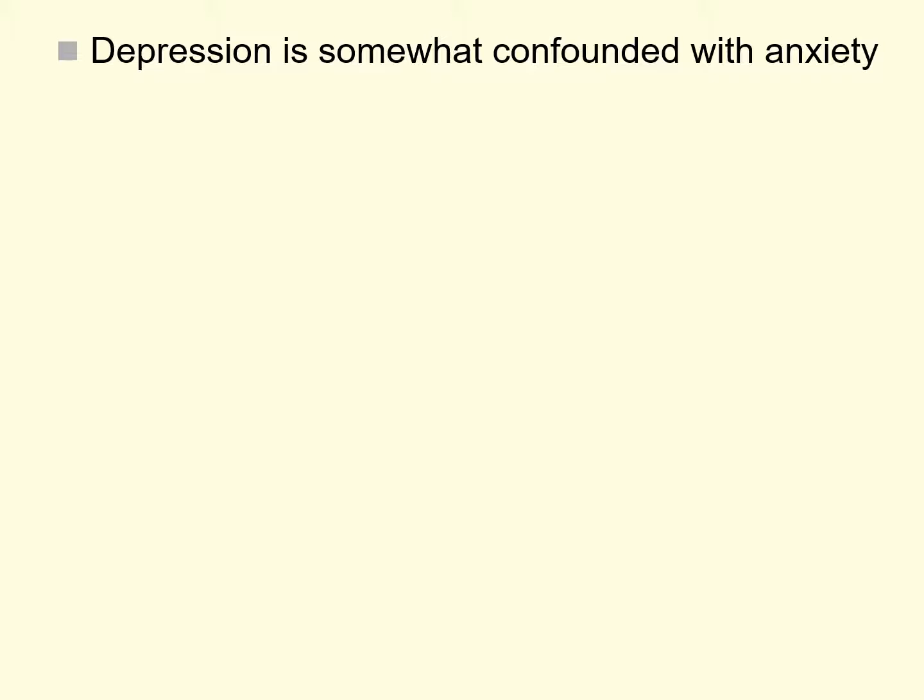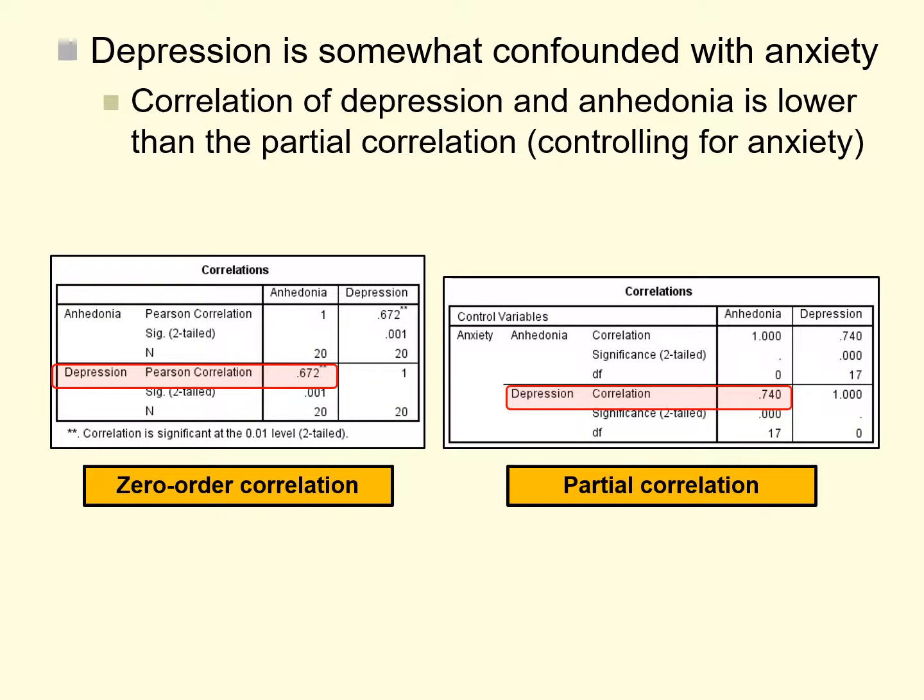So in this version of the fake data, again, I've tried to create data which is otherwise roughly the same, but in this case, we have depression somewhat correlated or somewhat confounded with or somewhat redundant with anxiety. Here you can see that the correlation of depression and anhedonia is lower than the partial correlation when we control for anxiety.